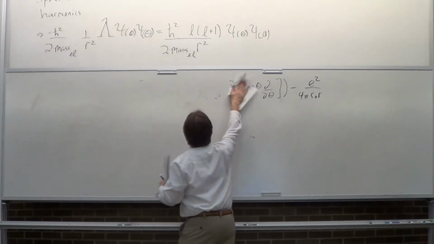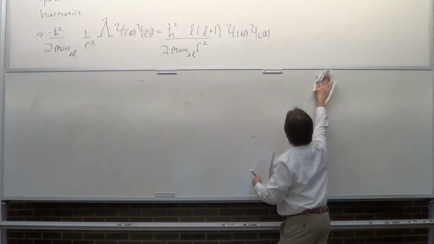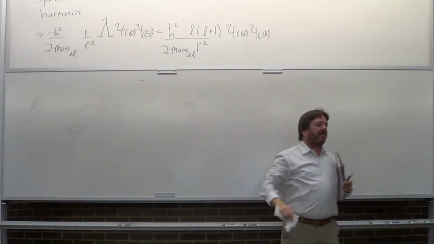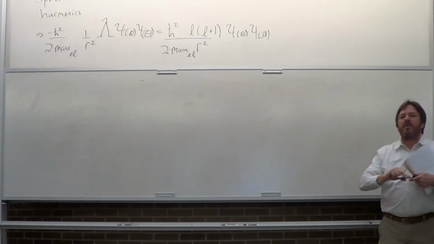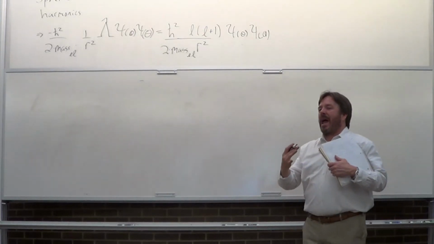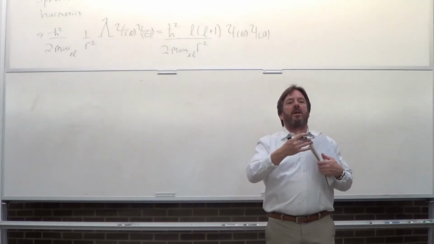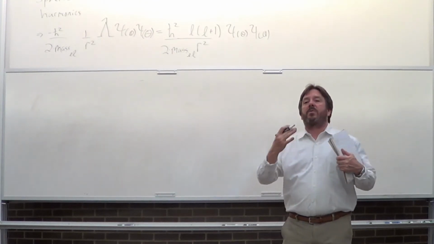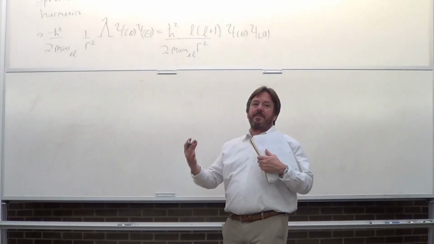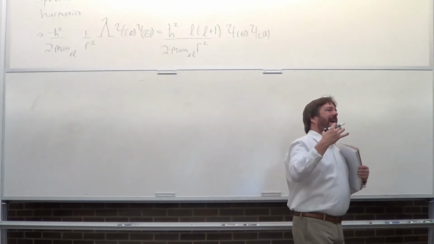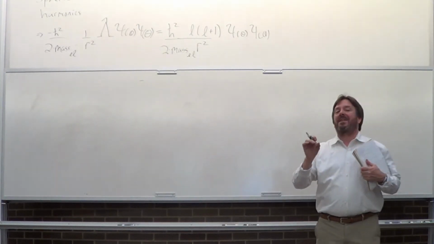But the reason we don't show you this is that the differences in the answers between the Dirac and the Schrodinger are only big when something's moving near the speed of light. And in chemistry, that actually does happen.